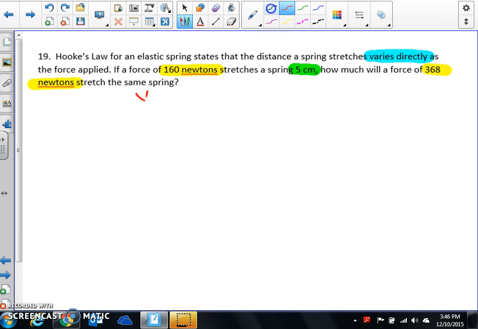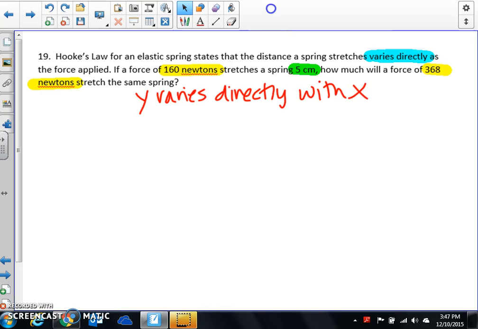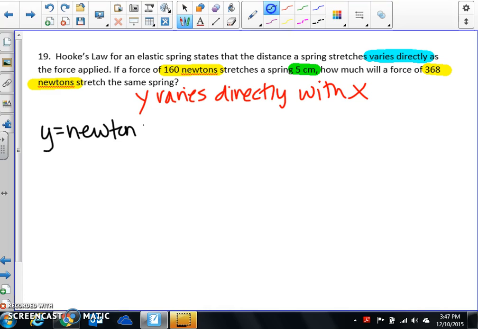All right, so y varies directly with x. So the first piece of information they gave me were newtons. So y equals newtons. X equals centimeters. So now varies directly, y equals kx.